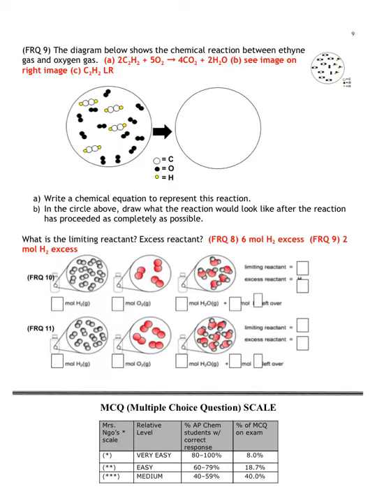Go ahead and work through FRQ number 9, FRQ 10, 11, and then one thing I want to talk about, this is, by the way, the end of this unit. Past this unit, you will see this multiple choice scale, which you probably have taken a look at, but this is the star system that I use to understand whether it's a very easy, medium, or very hard problem.